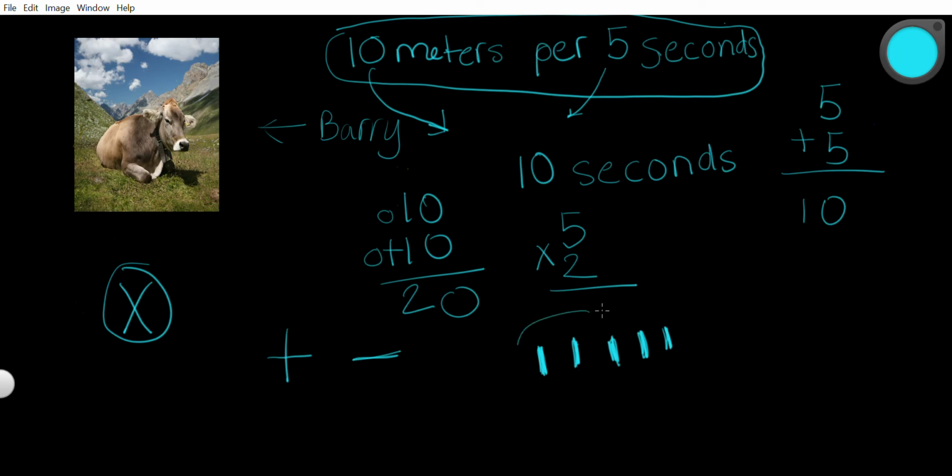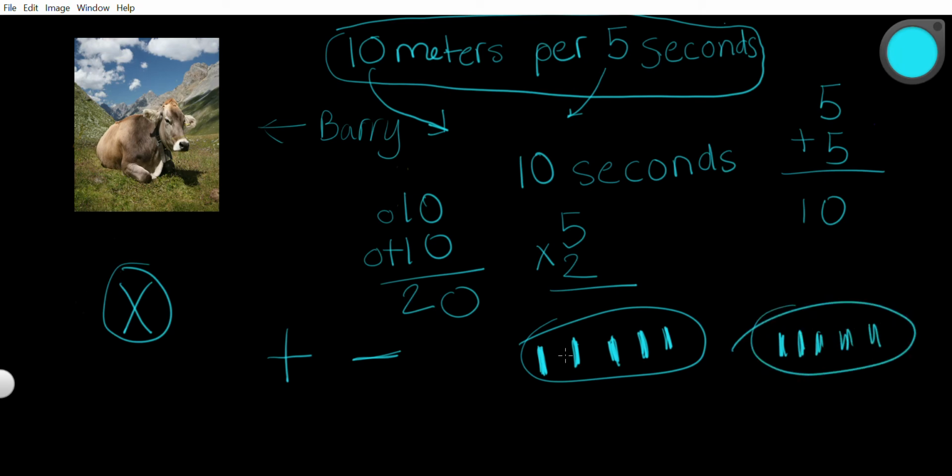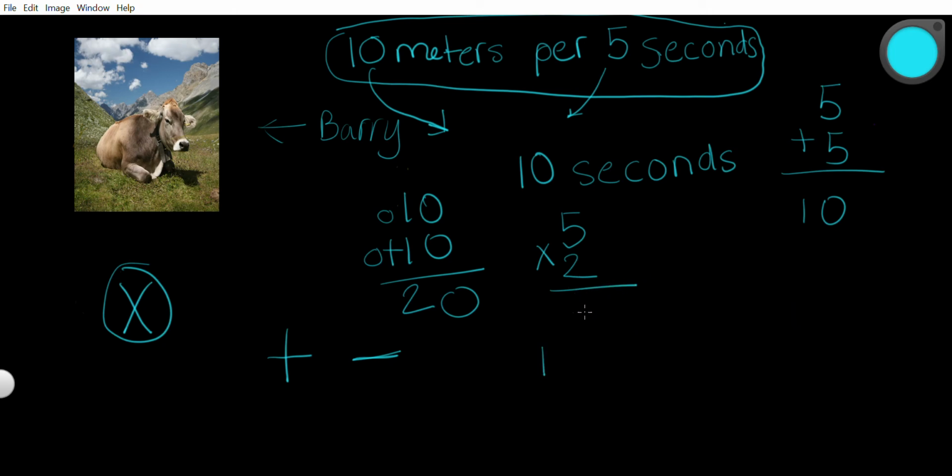And that's 5, and there should be another row of 5. So 1, 2, 3, 4, 5. So these are the same thing, just in two different forms. So it's going to be 10, because 5 plus 5 is 10. 5 times 2 is 10, and 10 times 2 is going to be 20, because 10 plus 10 is 20.